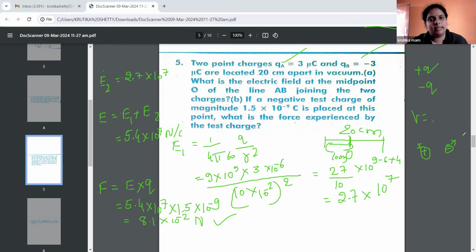So the electric field intensity direction is understood with the help of the plus or minus sign of the charge. It doesn't mean that the charge is positive or negative. In potential we will care whether it is positive or negative. In the electric field intensity formula it is not required.